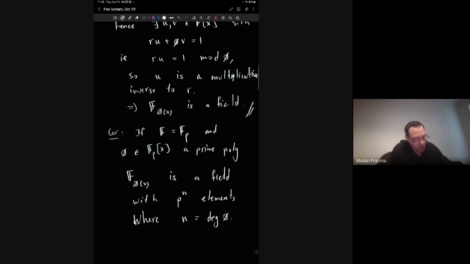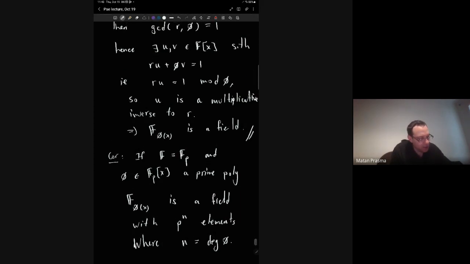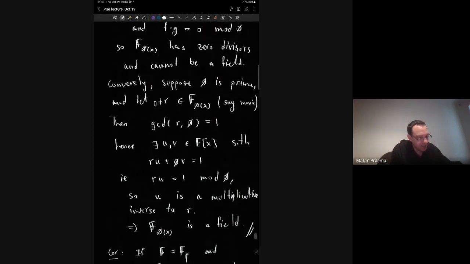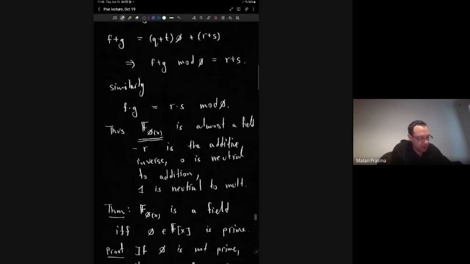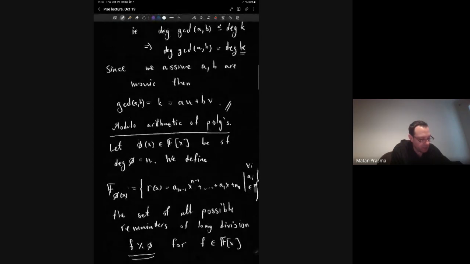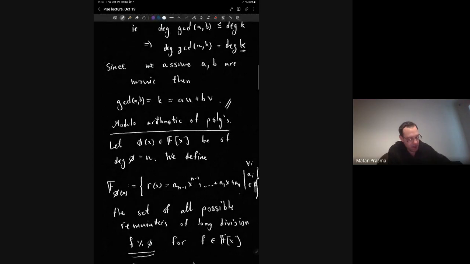Okay, this corollary does not require a proof. I mean, you just count what are the possibilities of all remainder polynomials. Over F_p, you basically have to choose the coefficients a0 up to a_{n-1}, and they could be anything.